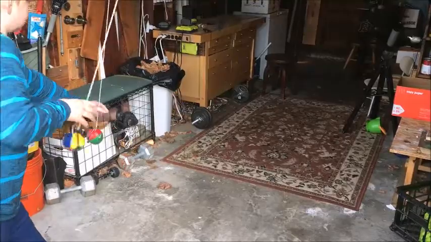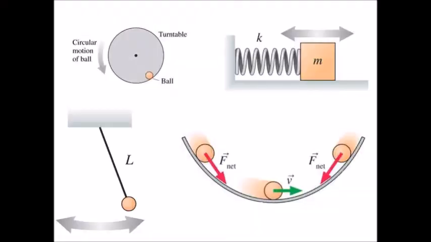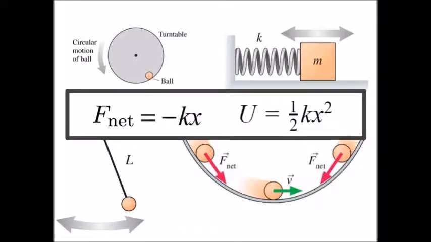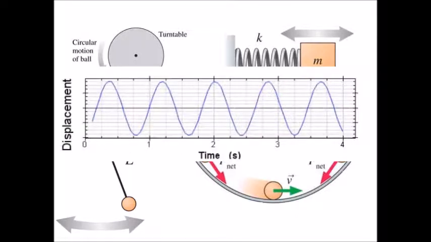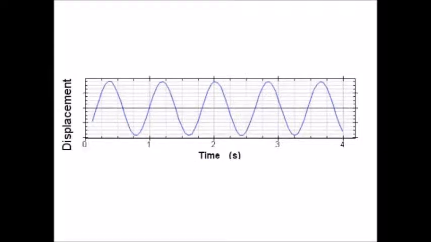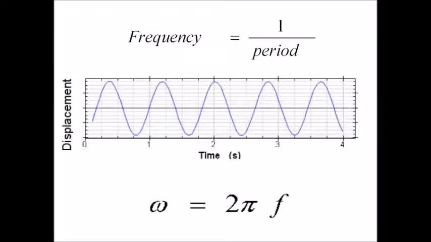And it's true for many different things, including a ball rolling around inside a dish or anything that turns around and can be modeled with that restoring force that is opposite the displacement and proportional to the displacement. You can get simple harmonic motion, at least over small distances, and life can be good because you can have sine waves and cosine waves and all sorts of fun, and you can model these things with equations like frequency is equal to 1 over period, and angular velocity, angular frequency, equals 2 pi f, is equal to theta divided by t.